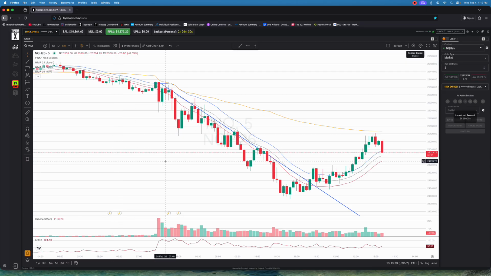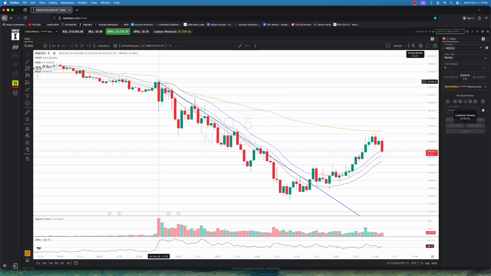Now, as far as the strategy itself and how it relates to my indicators, here I've got today's price action. It was a massive down day. It was the second consecutive down day. At this point right here, the NASDAQ was down over 2.5%. That is huge.